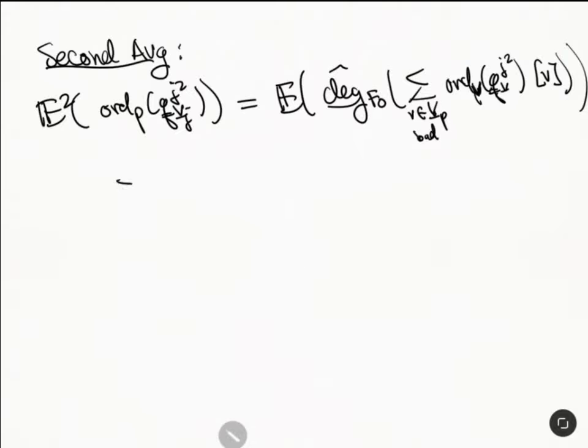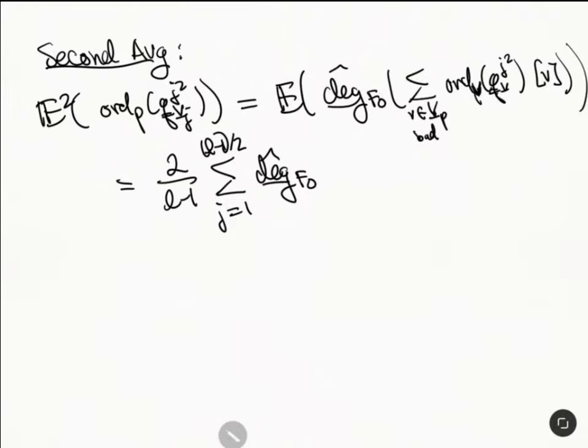And then by definition, this is the average over j. So this is 2 over l minus 1, the sum from j equals 1 to l minus 1 divided by 2 of this degree here, of these things, ord_v q double underline v, the j squared.